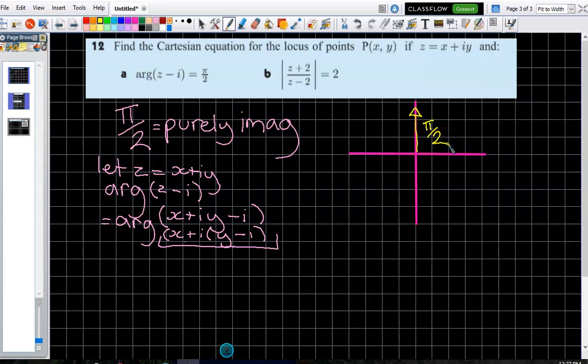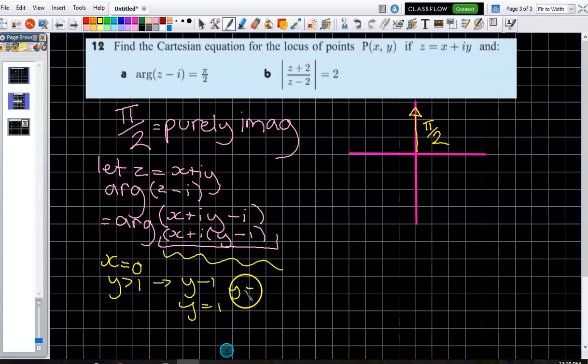So to make this bottom part, we need this part to be purely imaginary. x has to equal 0. And for this to be imaginary, y cannot equal 1, therefore y has to be greater than 1. Does this make sense at all?